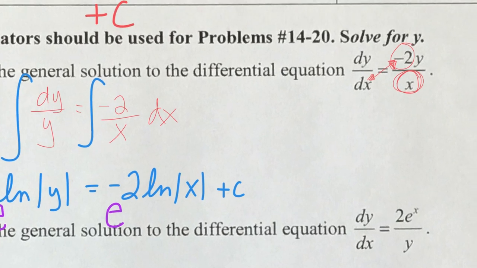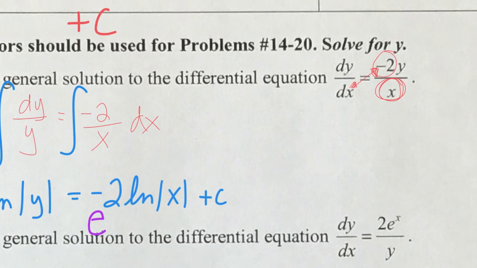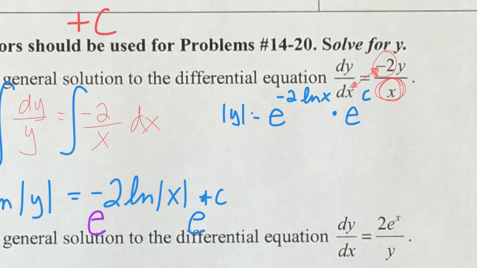So I have, let's see, absolute value y equals e to the negative 2 ln x times e to the c. Okay, so I'm splitting this into a product of two separate powers. They have to have the same bases. So now this is going to become its own constant, some other number e to the c.